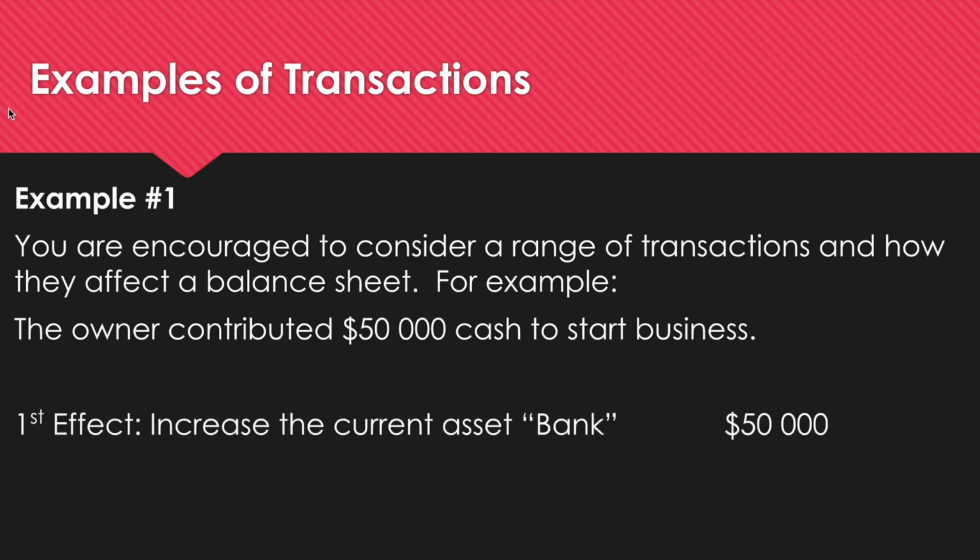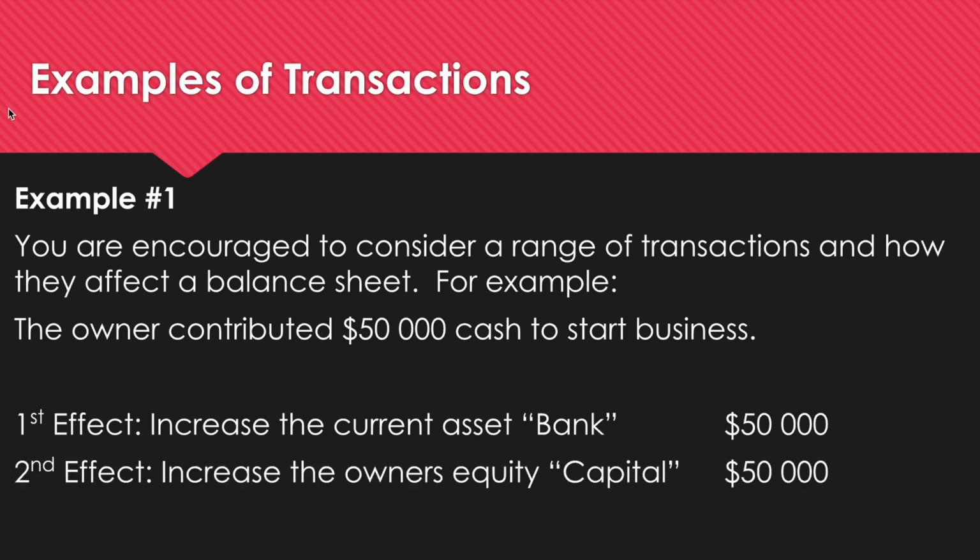The first effect is an increase in the bank by 50K. The second effect is an increase in the owner's equity, which is capital. When you contribute to the business, you also impact the bank, and at the end of the day you're going to have more money to yourself.